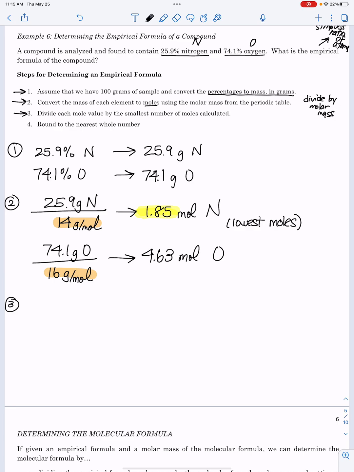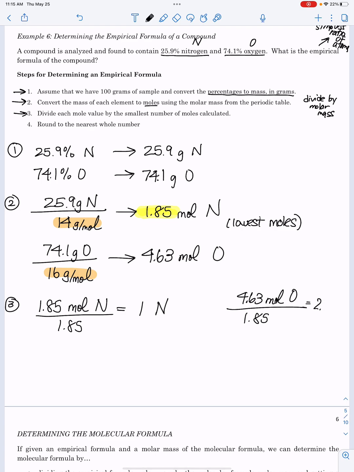And so I'm going to divide both these numbers by 1.85. So I have 1.85 moles of N, I'm going to divide it by 1.85. I have 4.63 moles of O, I'm going to divide that by 1.85. If I do this, I will get 1 N and I will get 2.5 O.